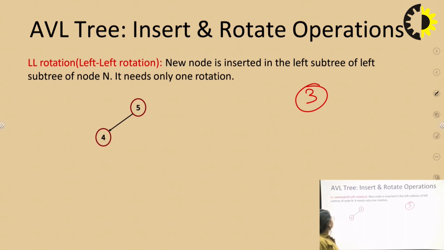LL rotation means the new node is inserted in the left subtree of node N. It needs only one type of rotation. So where will this node come? According to the BST property, 3 will come in this position, because 3 is a lesser value than the root node.